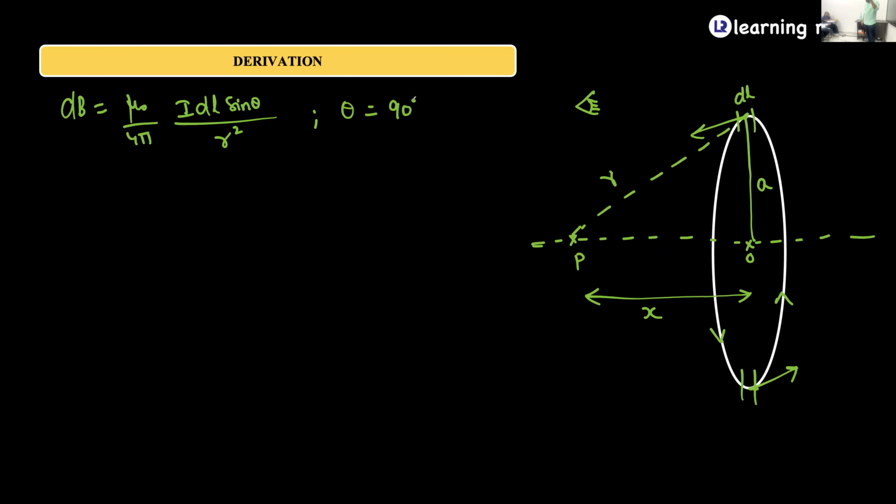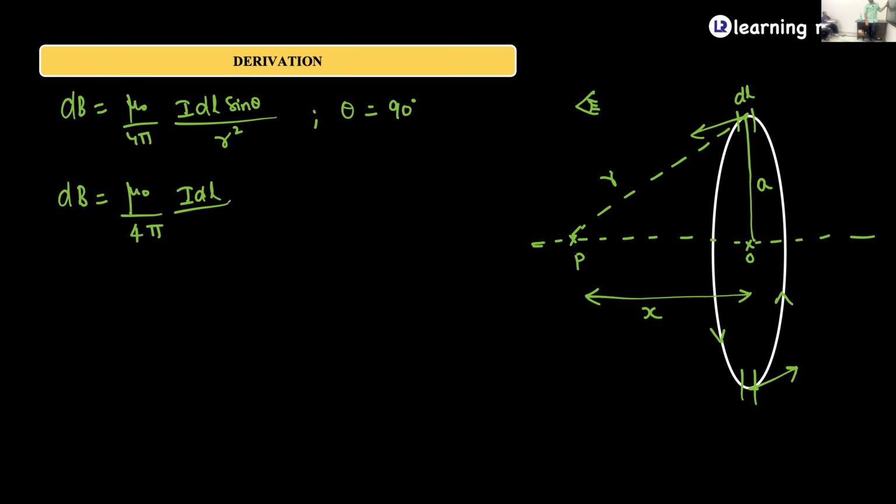Is that point clear? Are you able to visualize this? Theta is the angle between the I dl vector and the R vector. So I'm taking only two vectors, two straws, where this is the I dl vector. How are they? Perpendicular, right? So I take theta equal to 90 and substitute it here. Then dB will be equal to mu naught divided by 4 pi into I dl into sine 90, which is 1, divided by R square.